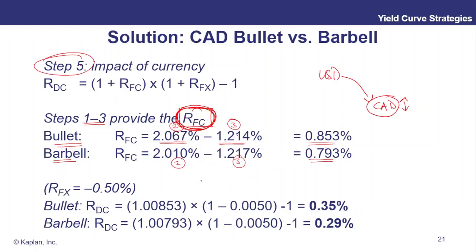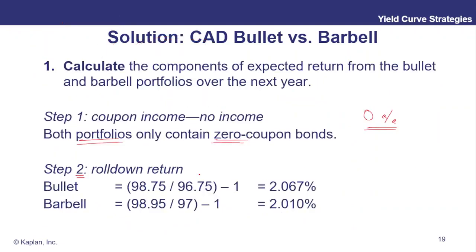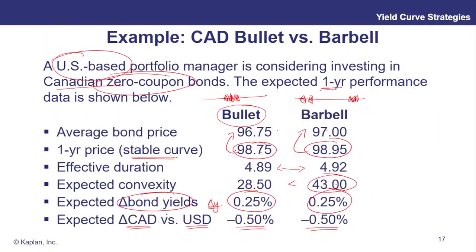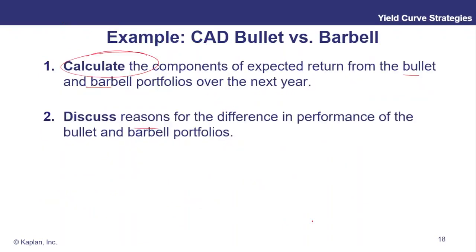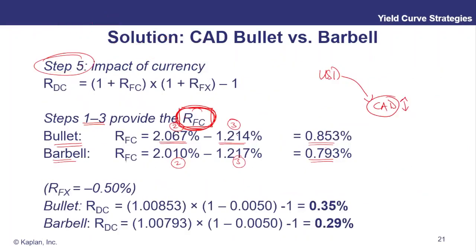When we think about bolting on the impact of foreign exchange, what we've been told is that the Canadian dollar is expected to weaken versus the US dollar, so we're losing 0.5% there. You can compound that 0.5%. In decimalized terms, you divide by 100 to get this negative 0.0050.